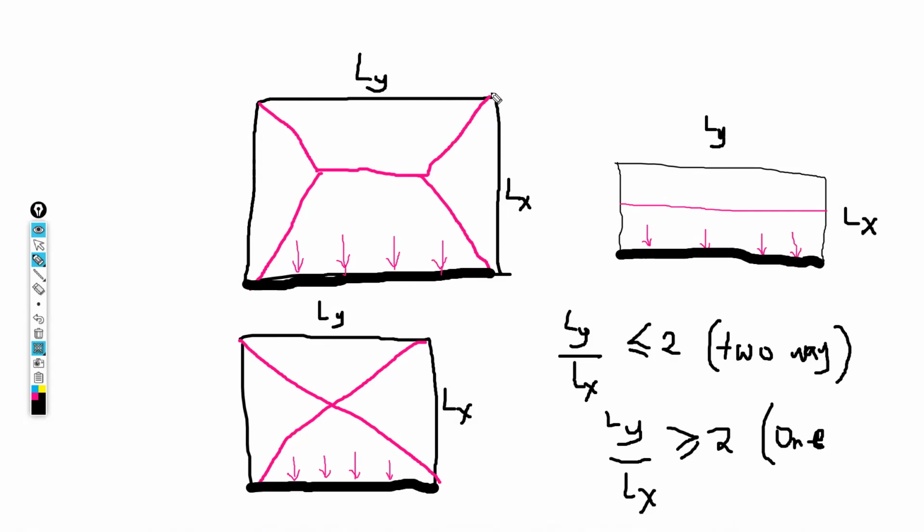Get the area of this triangle, multiply it by 4, that is the magnitude of load which is going to be transferred to this beam. Now for these ones, just get this area as well, multiply it by the figure of imposed load. That is the load that's going to be transferred onto this beam. Is that okay?